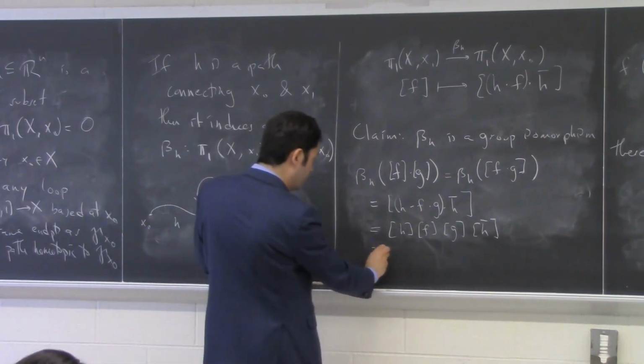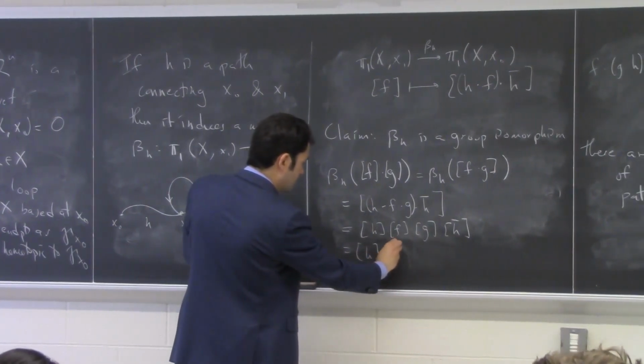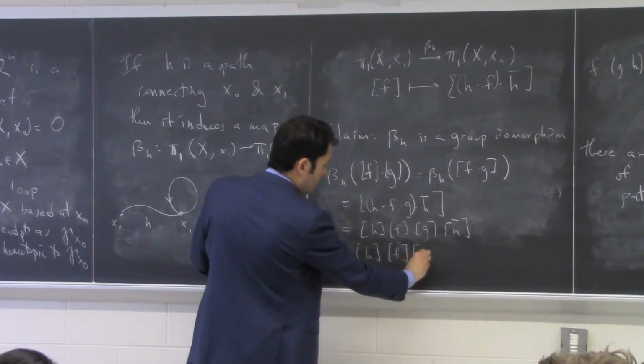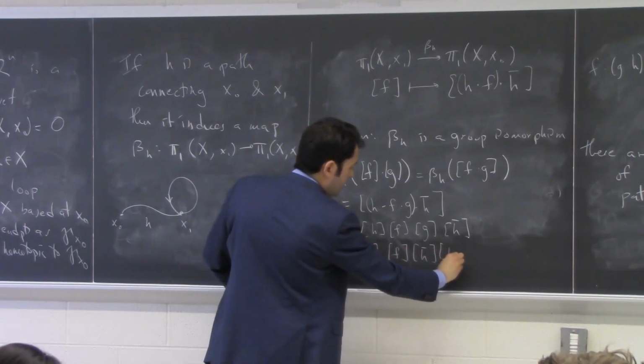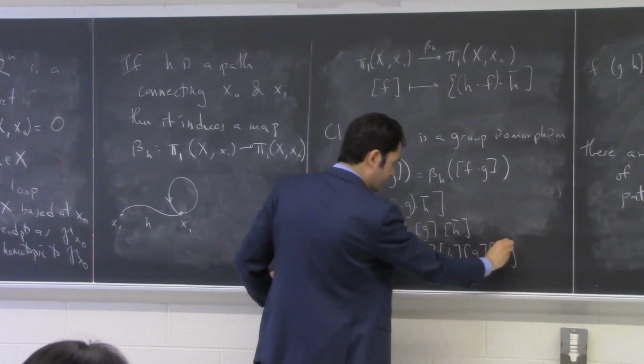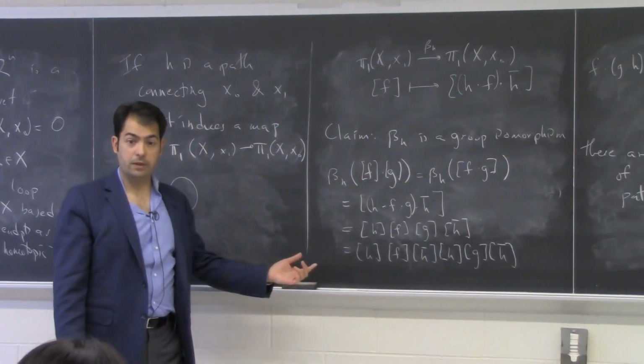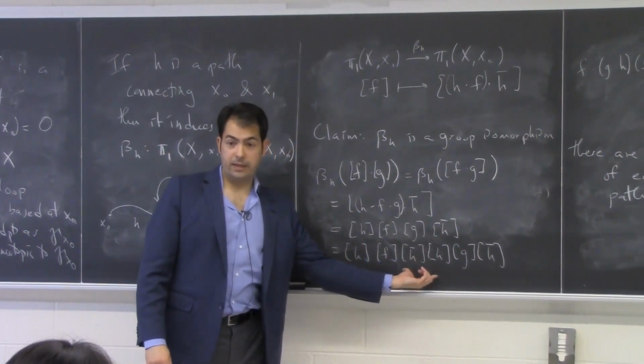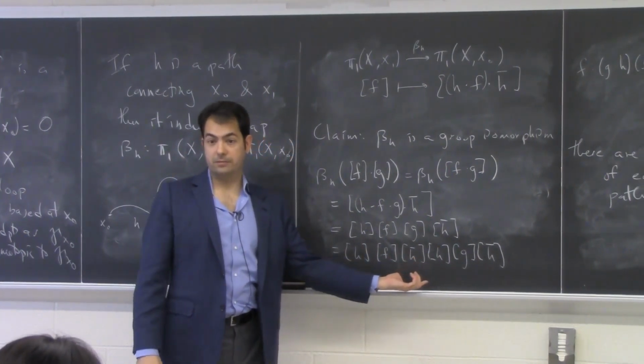And now I can insert H bar and H, because I know that as homotopy classes, they cancel out.